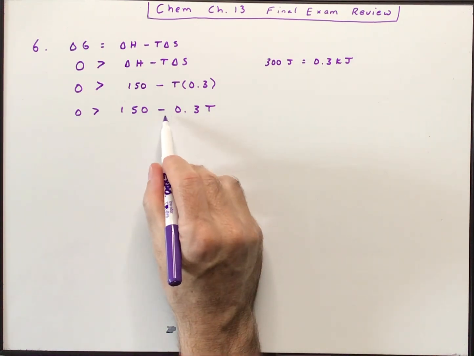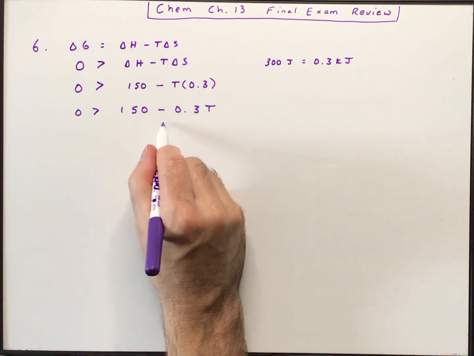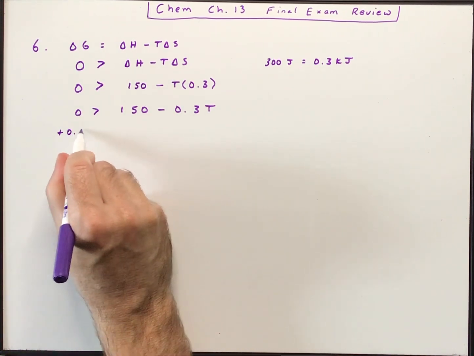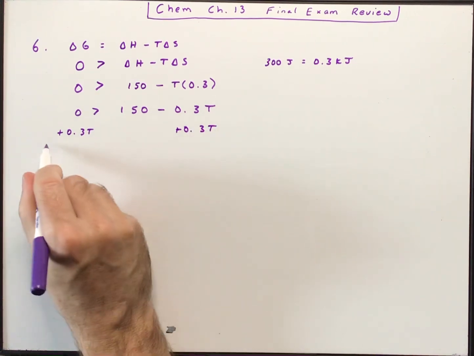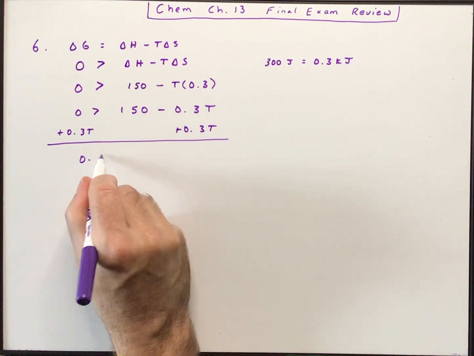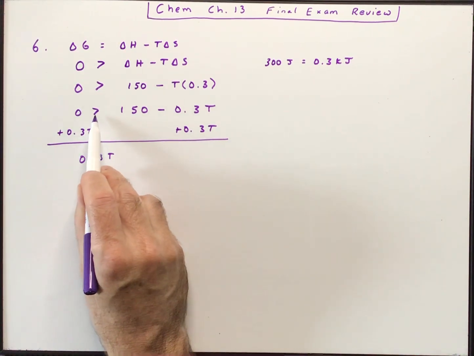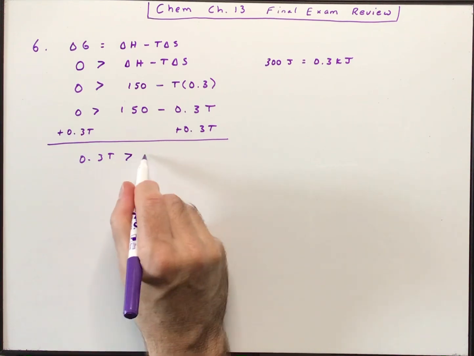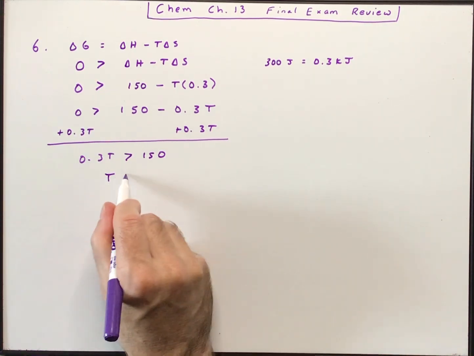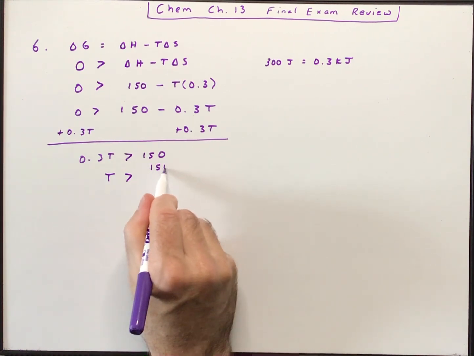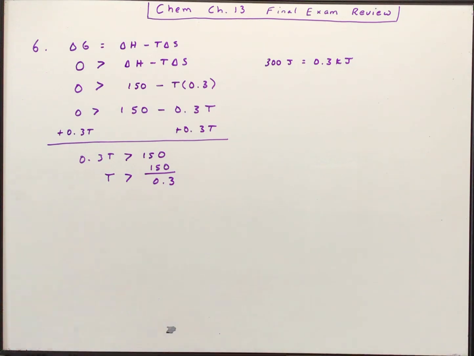Now I'm going to add 0.3 T to both sides. Okay, so plus 0.3 T plus 0.3 T. So you would get 0.3 T, and because you're not dividing or multiplying by a negative, you don't have to flip the sign, is greater than 150. So T is greater than 150 over 0.3.